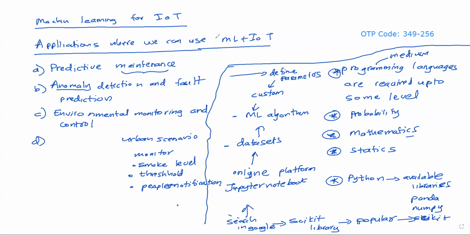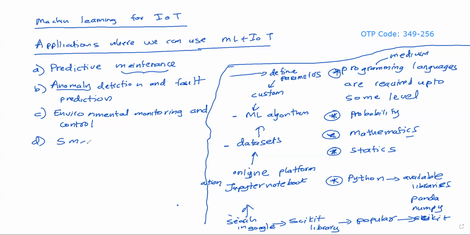Then another application that uses machine learning in IoT is smart energy management. These are just some examples, but you can come up with other examples. Smart energy management means situations where we have multiple energy sources.